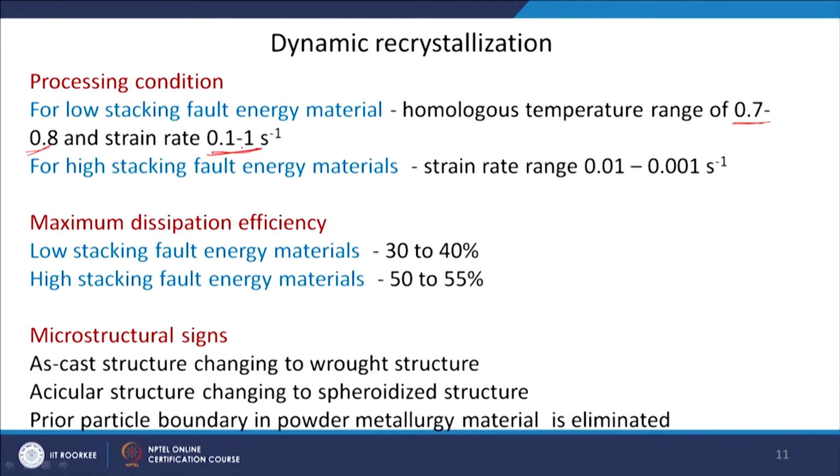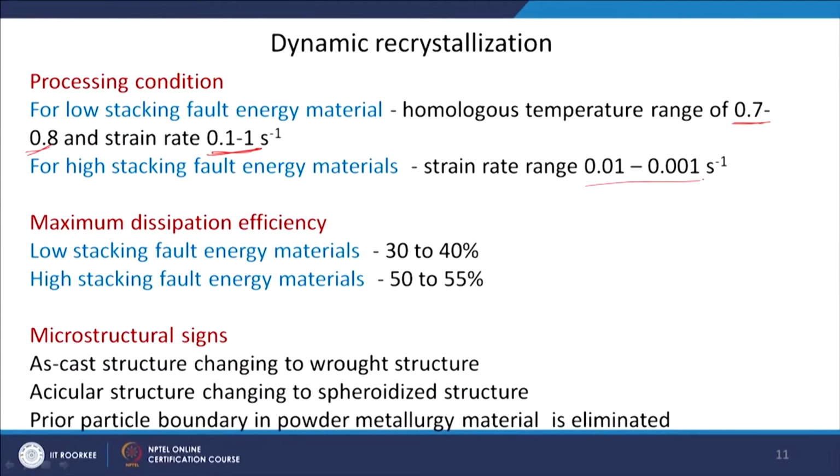For low stacking fault energy, this is where you should be able to get dynamic recrystallization, whereas for high stacking fault energy materials the strain rate range is lower as compared to the low stacking fault energy materials. Of course, the temperature range will be more or less the same.